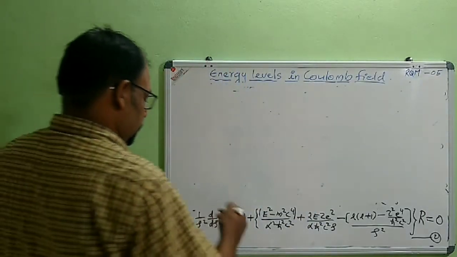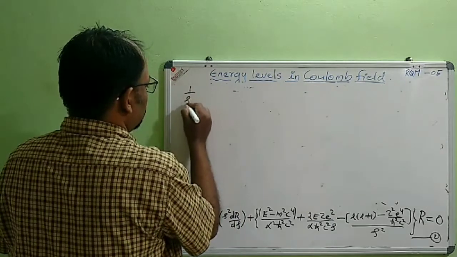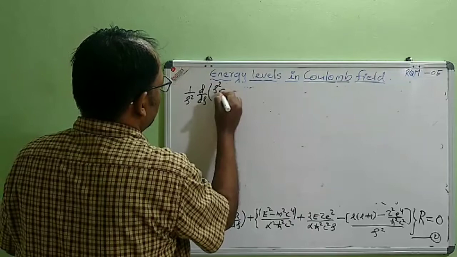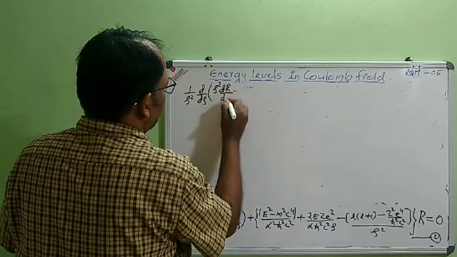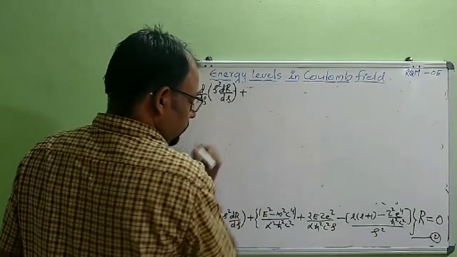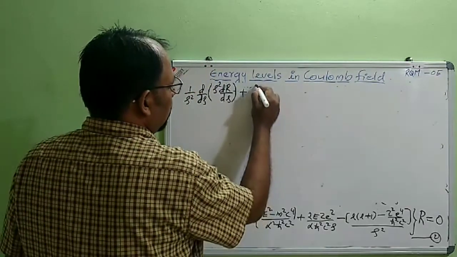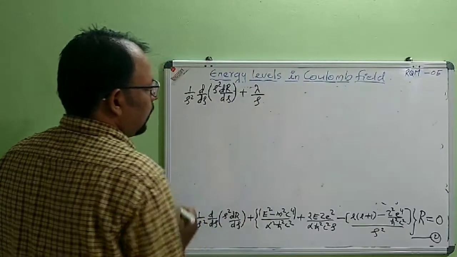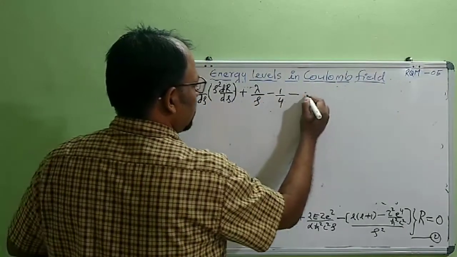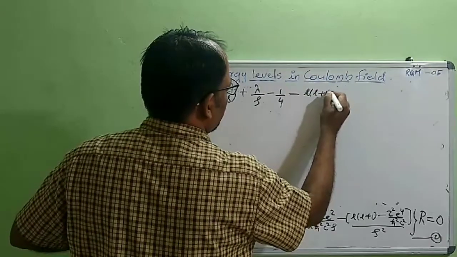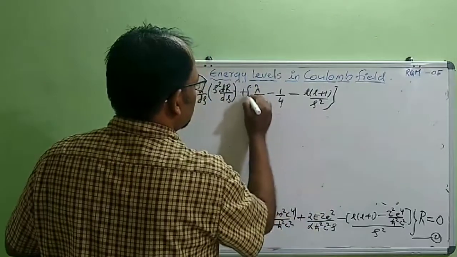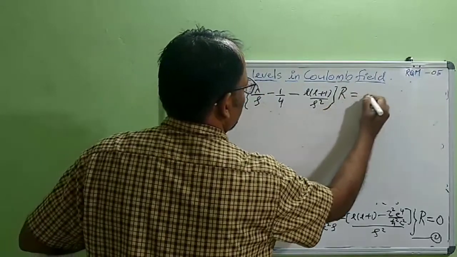That equation is 1 by rho square d by d rho of rho square dr by d rho, then plus lambda by rho minus 1 by 4 minus L into L plus 1 by rho square, R is equal to 0.